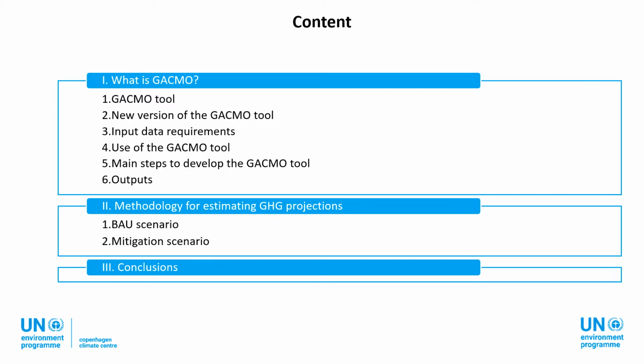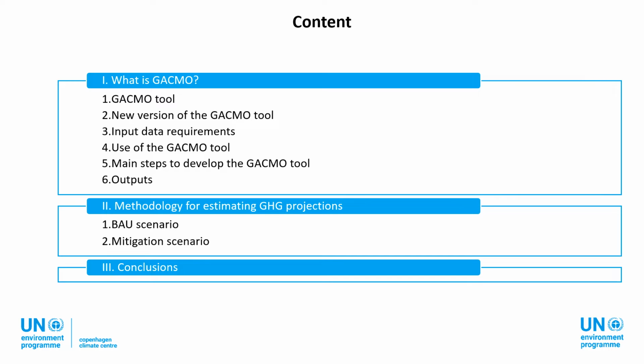The content of this presentation is as follows. I will start with a brief introduction of the GACMO tool, followed by an explanation of the new version of the GACMO tool, input data requirements, use of the GACMO tool, main steps to develop the GACMO tool, and outputs of the GACMO tool.